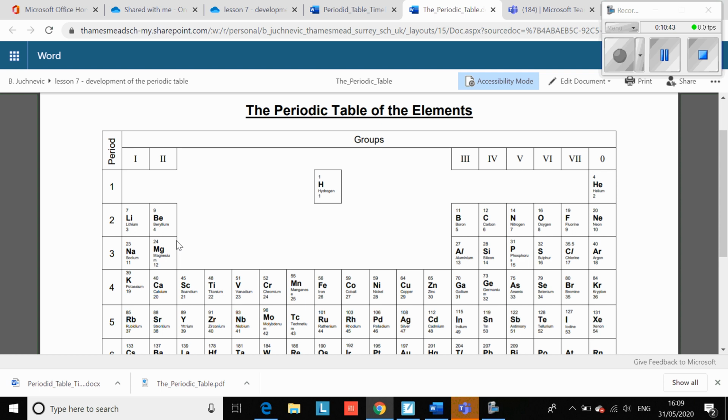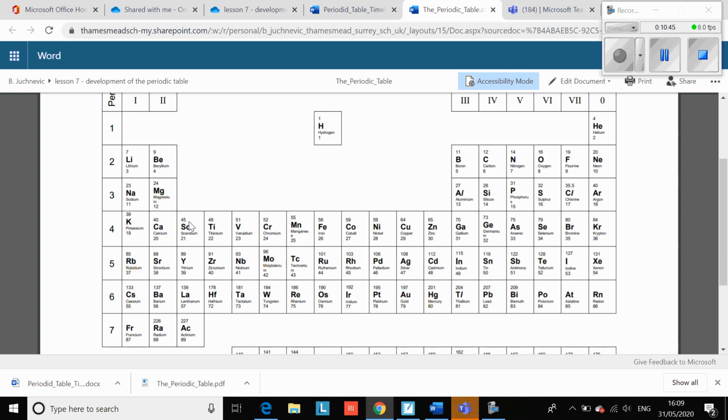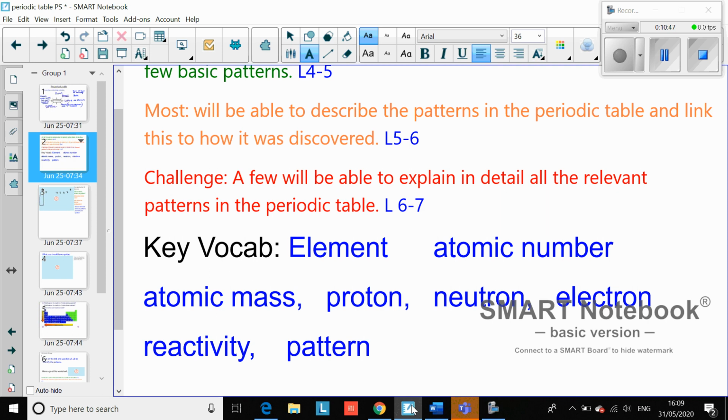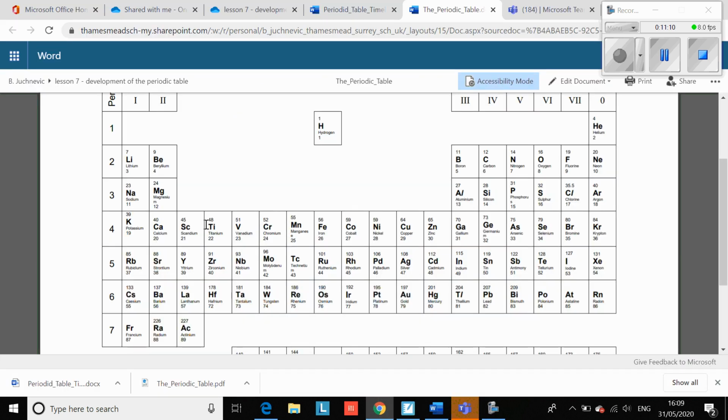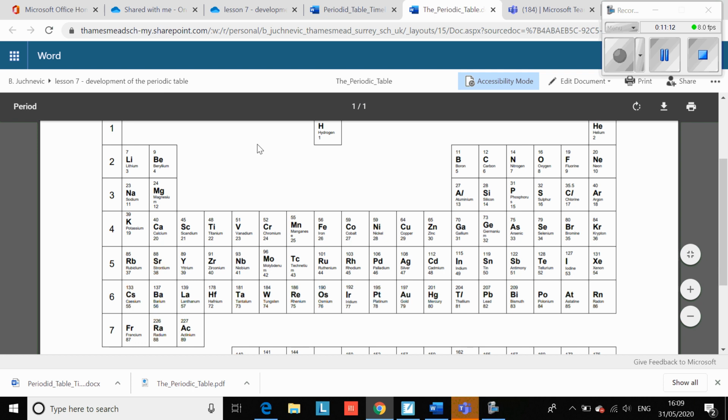So what we tend to notice about the periodic table, and I'm just going to go quickly back, is what happens to the reactivities of metals as you go along the periods? As you go along the period backwards, the metals get more and more reactive. If you remember, I said the atomic number goes up as you go along the periods.